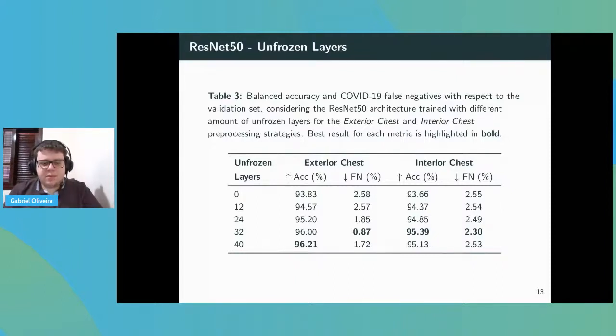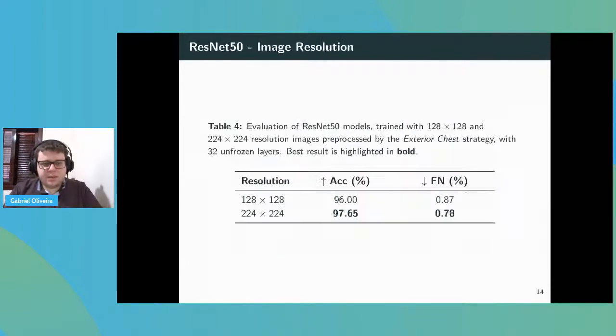Here, the best result, considering the false negative rate of COVID-19, was using 32 layers and exterior chest for ResNet 50. With that, we made the third experiment.